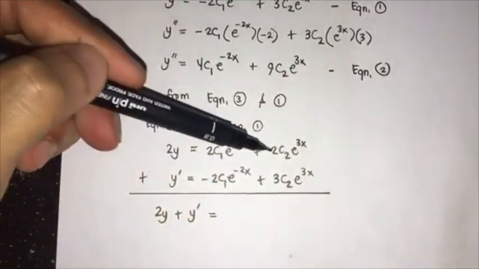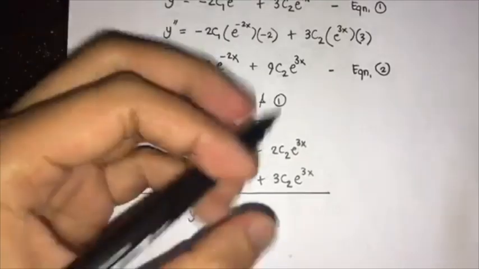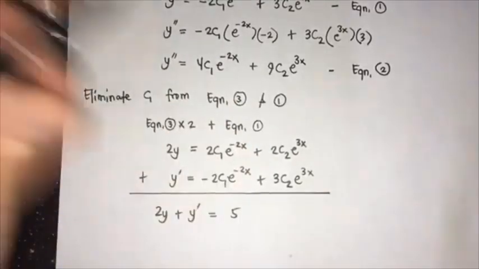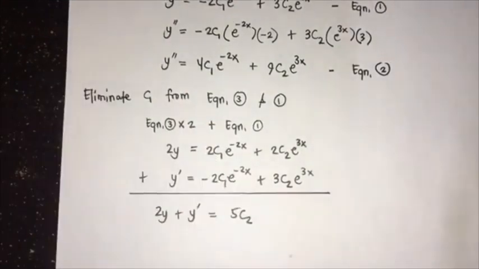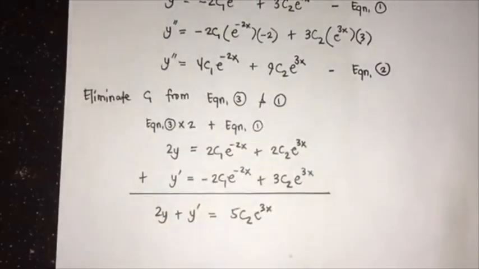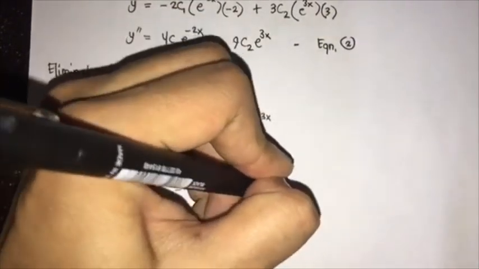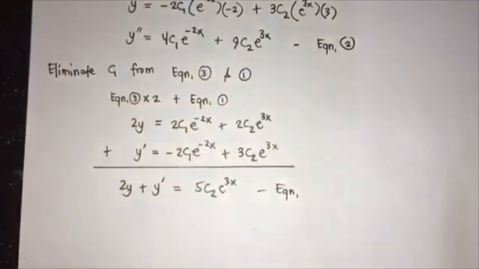And then adding this, 2 plus 3, we will have 5c2 e to the 3x. Okay, so let's name that equation 4.